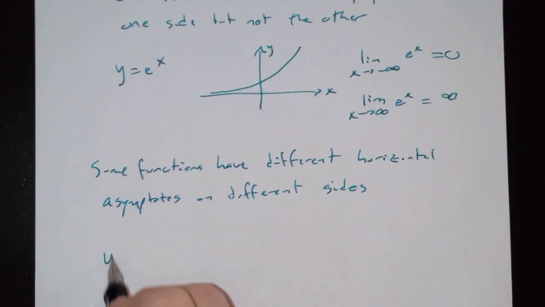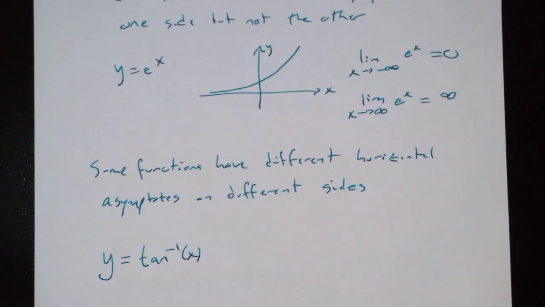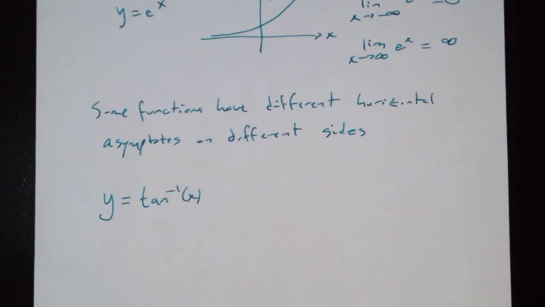And my example for this is the inverse tangent function, which should have come up in your pre-calc trig class. What's this graph look like? By the way, this is also in the appendix of our textbook. In that chapter, Appendix D, where we did all the trig functions and the trig identities, the graphs are in there too.